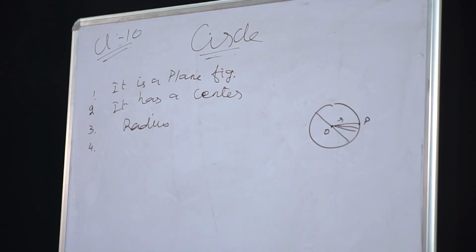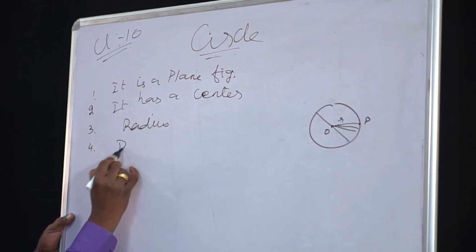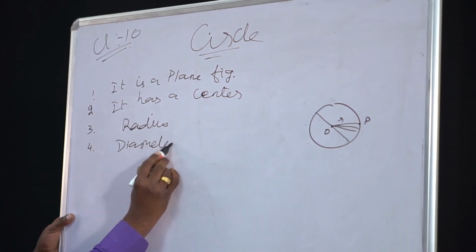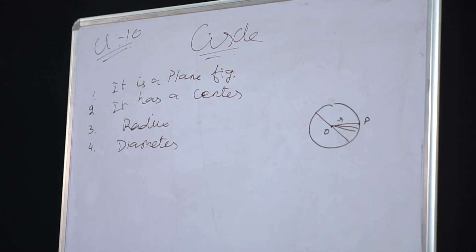Next. If you know radius, then automatically another point will be, what is the other point? Diameter. What is the diameter?